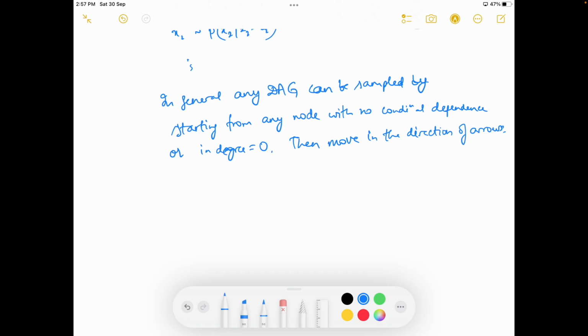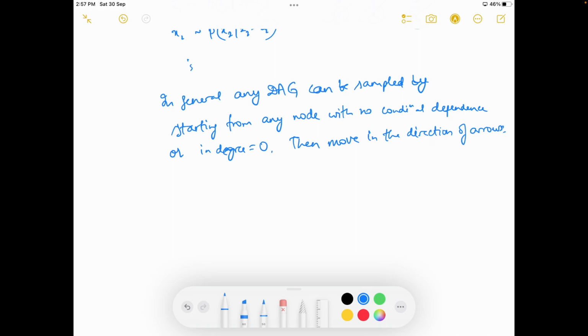Okay. So what if we start from a node with out-degree 0 and then branch off to all possible states to achieve that node and then sample any state from it? But then you will be in a long chain.